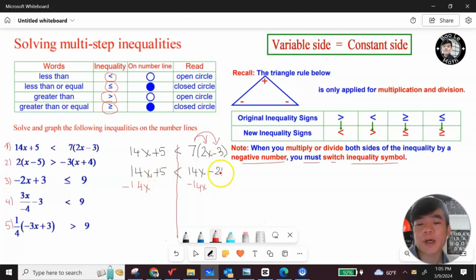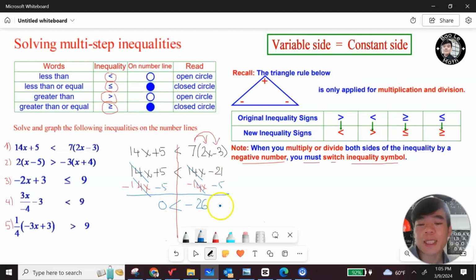It should be on the right hand side, so I subtract 5. Negative 5 right here. Now this cancels out. 5 minus 5 is 0. This cancels out. Negative 21 minus 5 is negative 26.